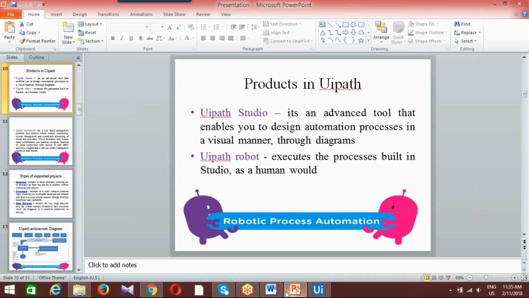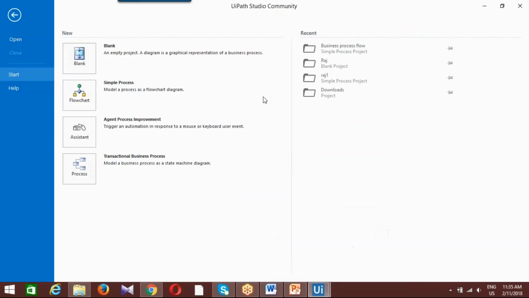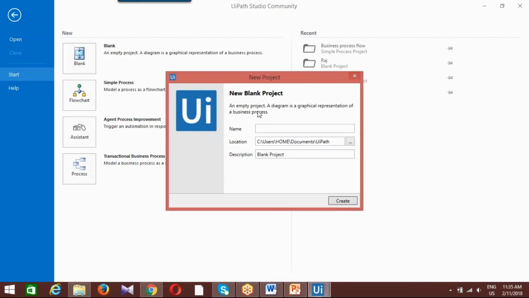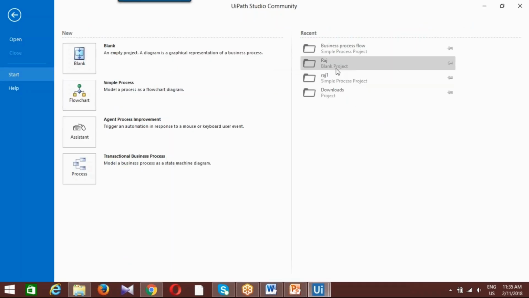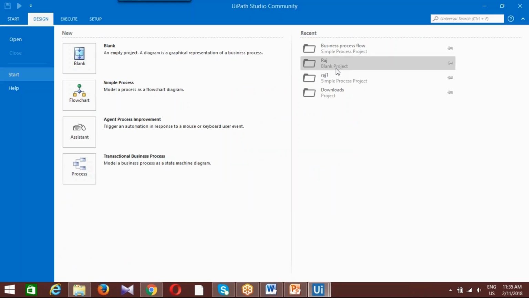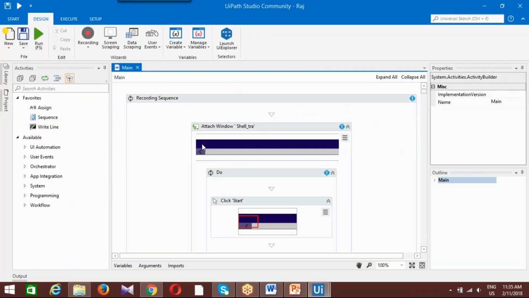As far as UiPath Studio is concerned, generally it enables us to design the automation process in a visual manner. Let us assume, for example, there is a blank project which I have already created here.